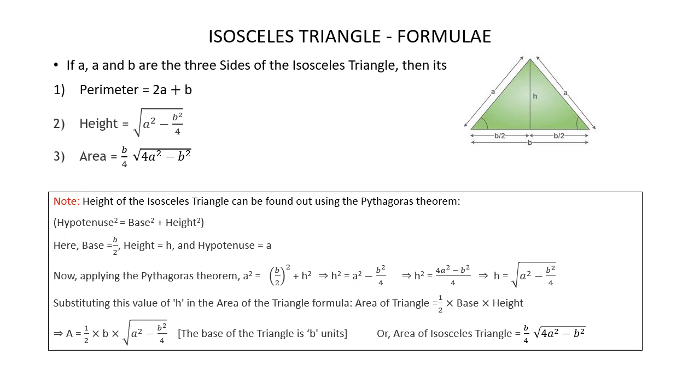Now on solving this, we get h squared is equal to (4a squared minus b squared) divided by 4. Now (4a squared minus b squared) divided by 4 can be written as 4a squared divided by 4, which is nothing but a squared, minus b squared by 4. So now we have h squared is equal to a squared minus b squared by 4.